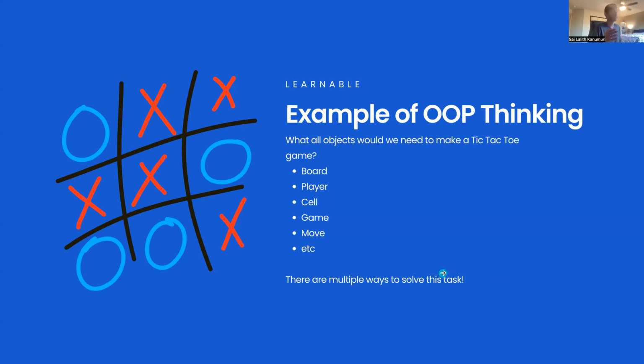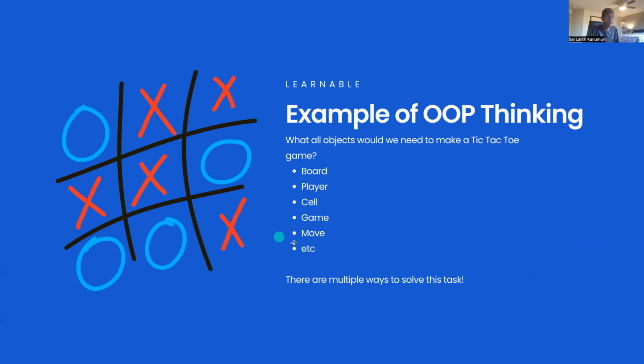So now let's go into thinking. What objects would we need to make a tic-tac-toe game? In other words, what components are there in tic-tac-toe? Well, there's a board, right? There's a player. There's a cell for each one. There's a game move. For example, you can calculate whether the X can be placed there or not. You have a move object, etc. This is where your creativity really shines.